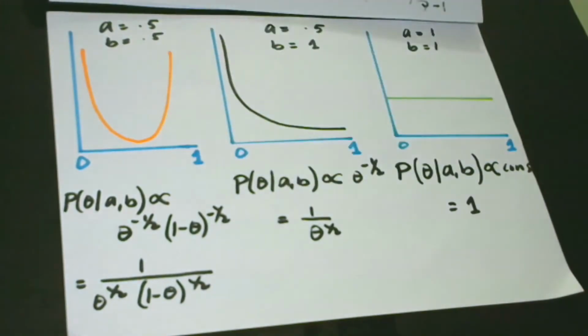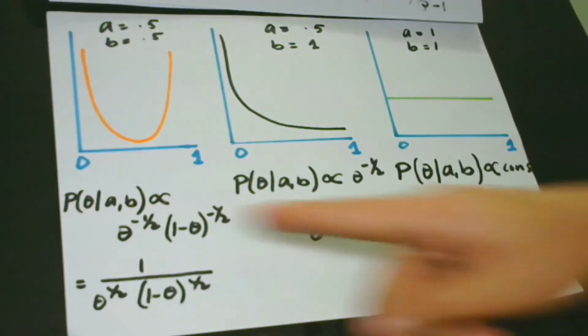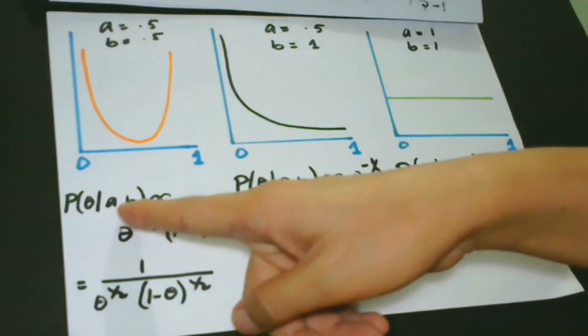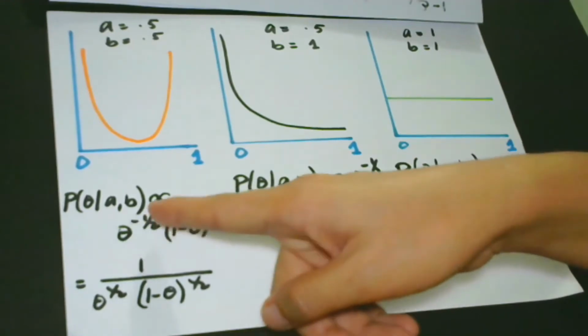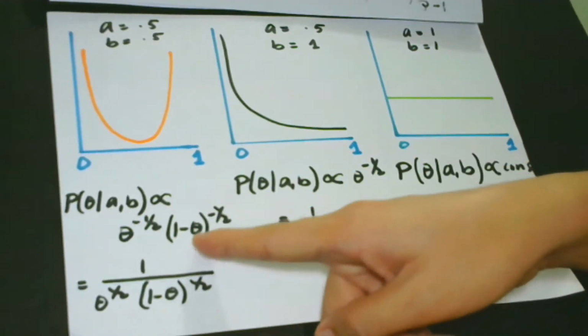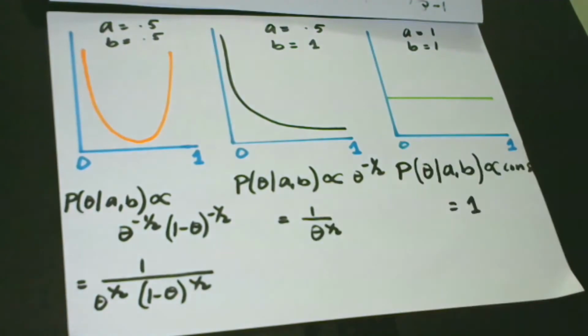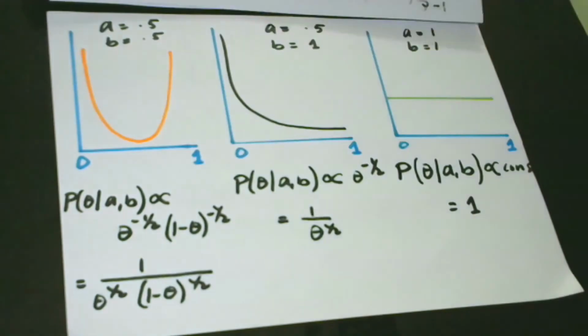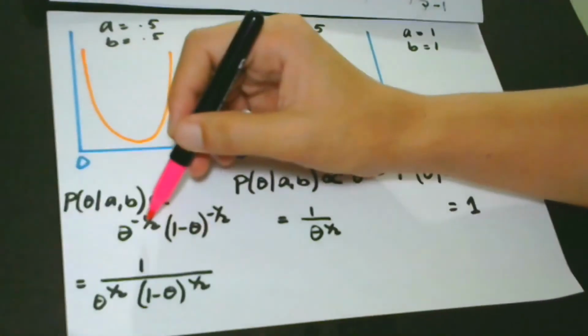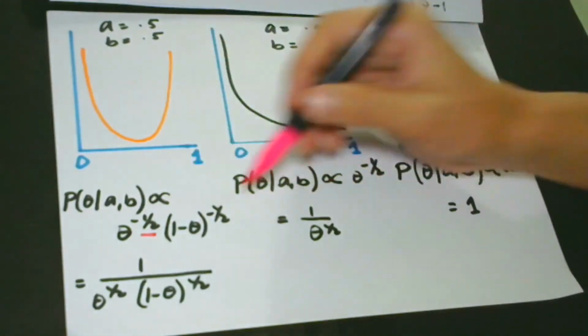So we can say that the probability of theta given A and B is proportional to theta to the negative 1/2 times 1 minus theta to the negative 1/2. If we graph the outcome of this statement, we could see that the shape is a U shape.